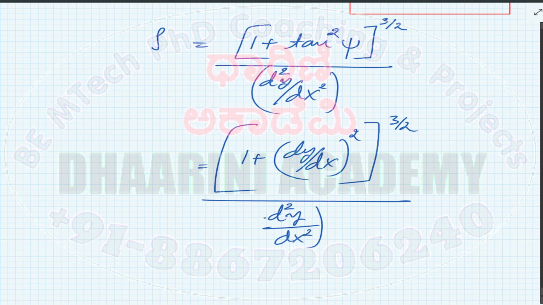See the difference between the term in the numerator and the denominator. In the numerator, dy by dx whole square, you find a differentiation and square the term. The denominator is nothing but, you should differentiate the whole term twice. Two times you differentiate, then you get this. Okay, so that's the equation for rho.